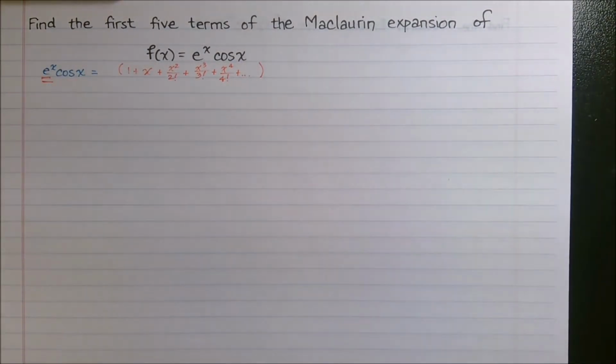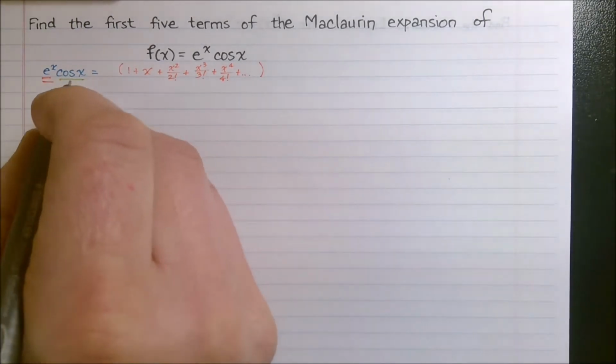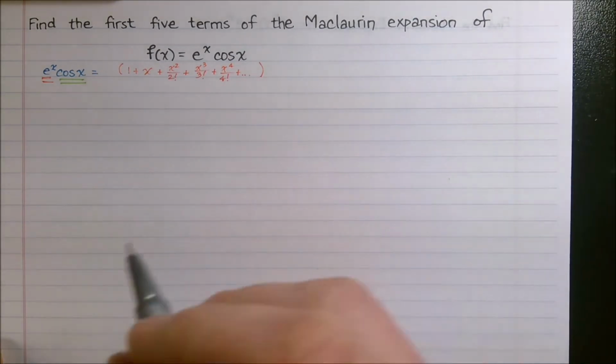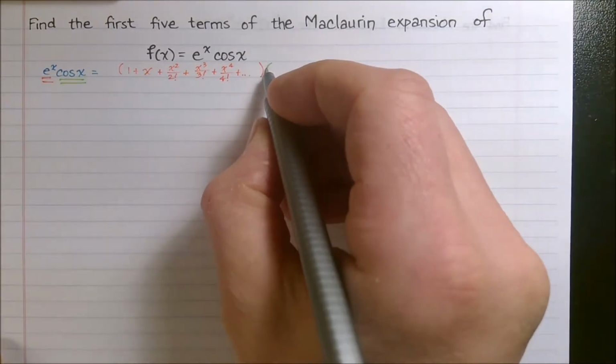Now, I'm also expanding cosine of x. I know that one as well. You guys did that yesterday for your assignment. I actually expanded a Taylor expansion of cosine x at pi over 2 today. So we have those at the ready.